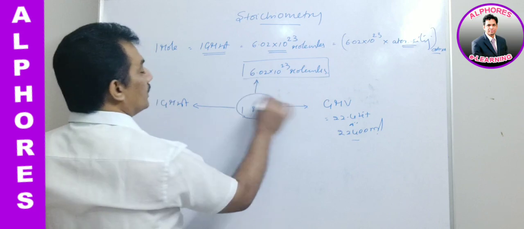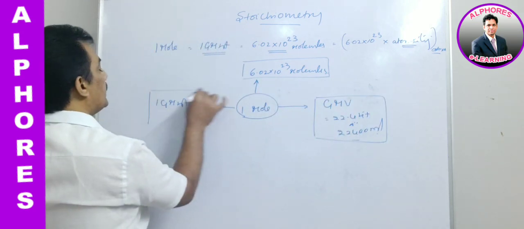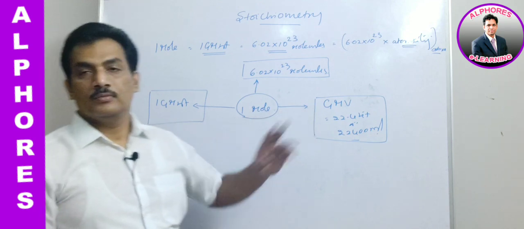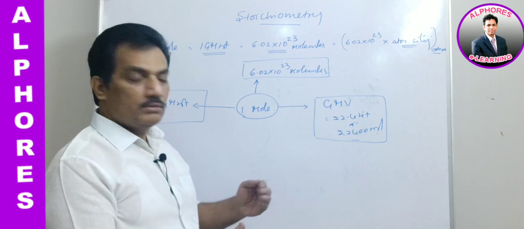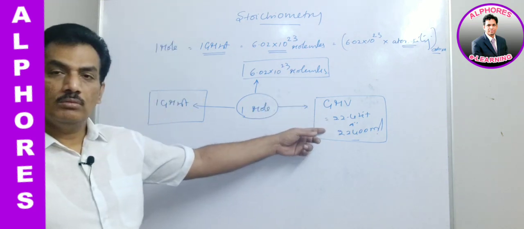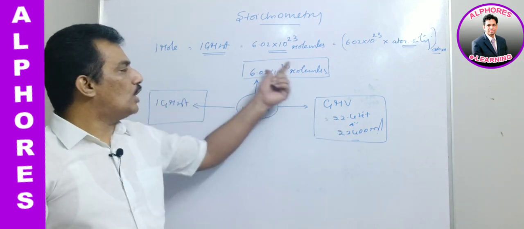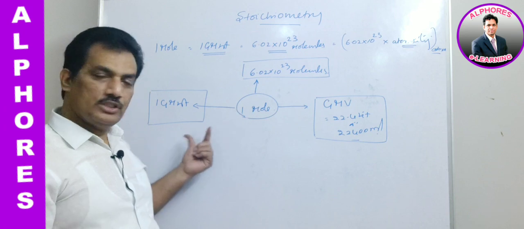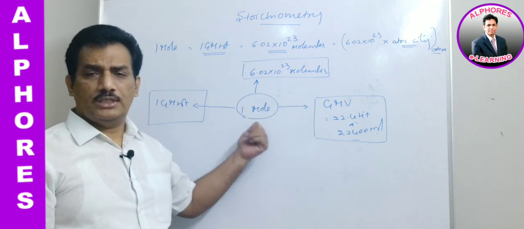This is another one. So like this, mole is connected with all these. And remember, my dear students, thereafter we are going to relate these molecules with volume, weights with volume, weights into molecules, molecules into moles, and so on. Between any two of these we can relate using this relation.